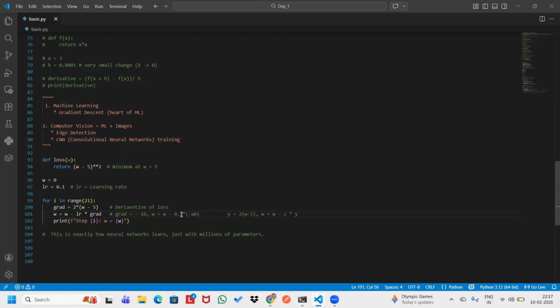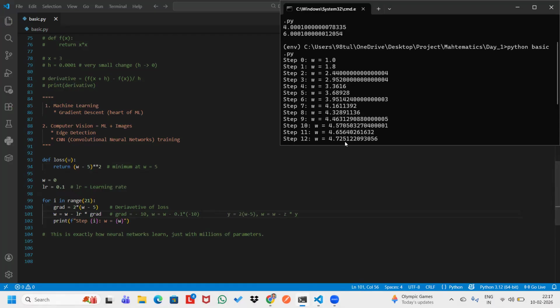I have written minus 10, so it will multiply, and minus minus will be plus. That means it would be 10, so let me check the answer. W is 1. Actually, sorry, it will be 1. So W will be 1. You can see the value of W is 1.